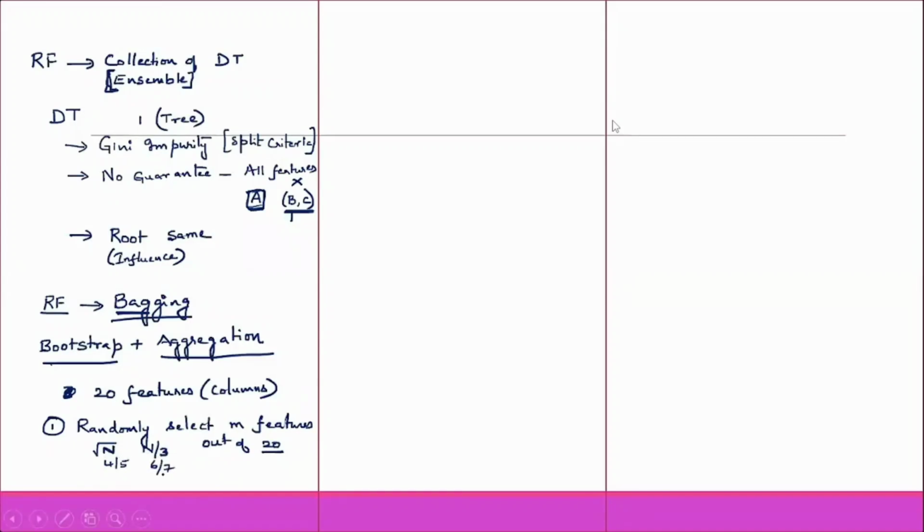So randomly we'll ask the system to select, and we are talking about features to start with. It happens on both, but right now I'm starting with the features. So out of the 20 features, we ask the system to select some 6 features at random. Let's say we want to build some 500 trees.